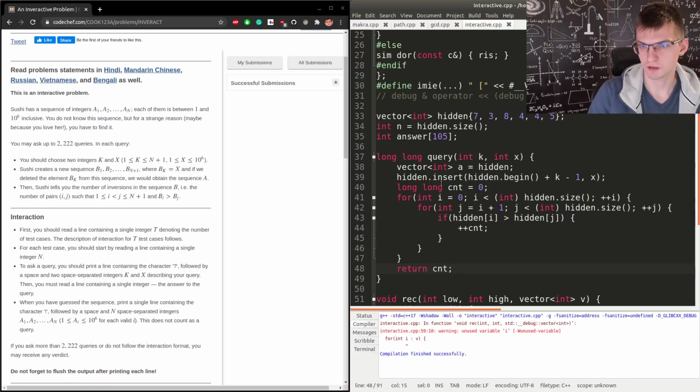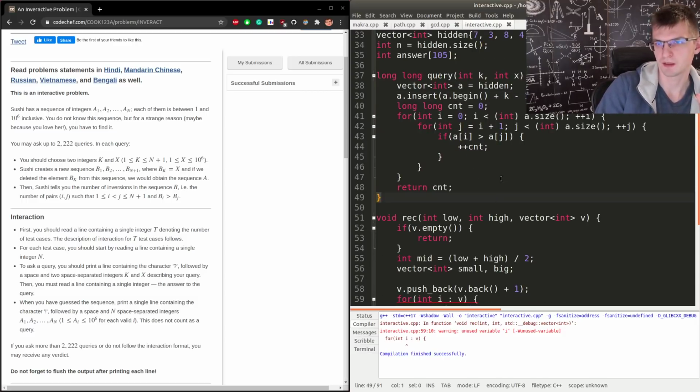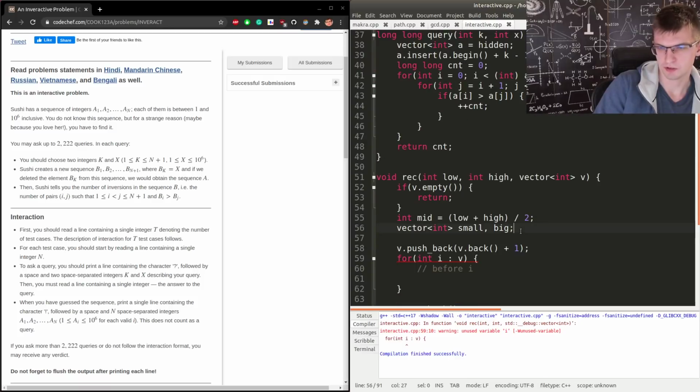Oh, not hidden. No, A. I copied for a reason. Insert here, begin plus k minus 1. In particular for 1, it will be just inserted at the beginning. Cool. We have a query.